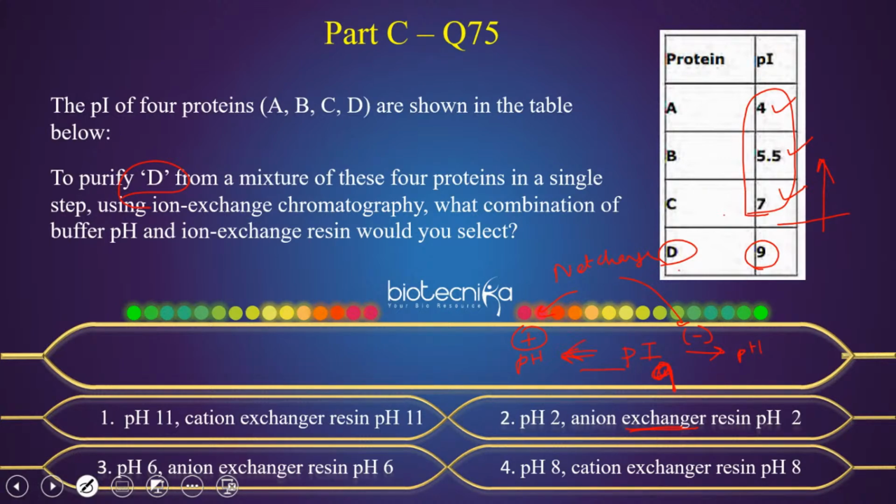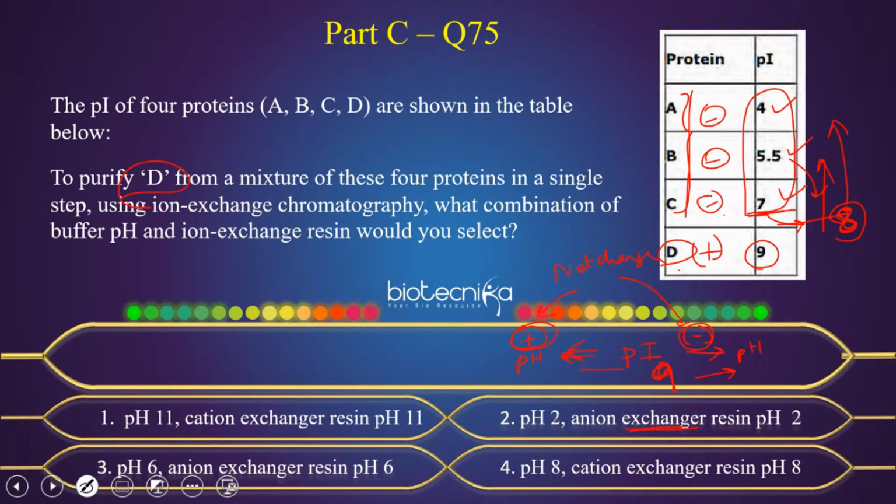The net charge will be positive, right? And for A, B, C, if you take any pH above 7, let's take 8, then at pH 8 you can see their pI is less than the pH, which means the pH is more than their pI. So they will carry negative charge. All of them will carry negative charge.